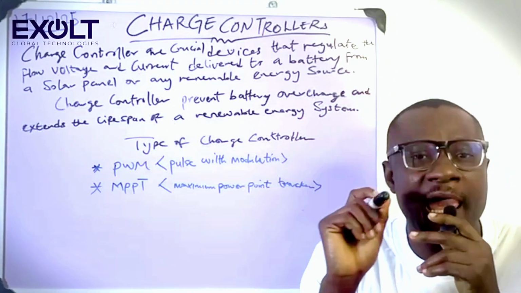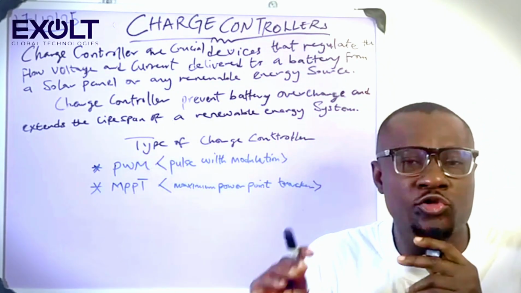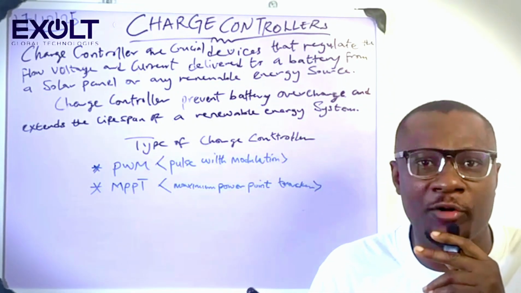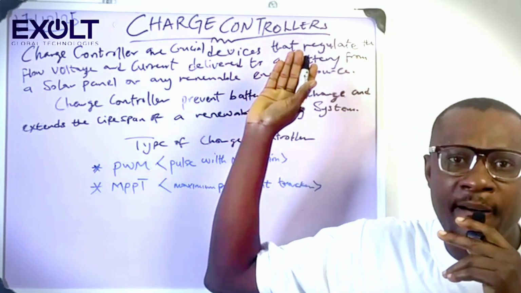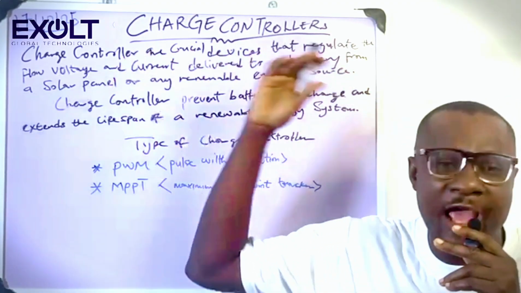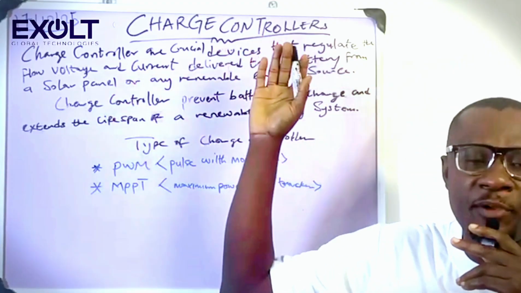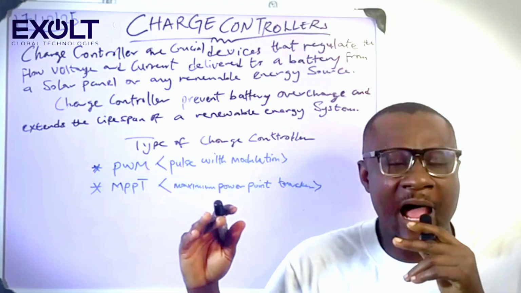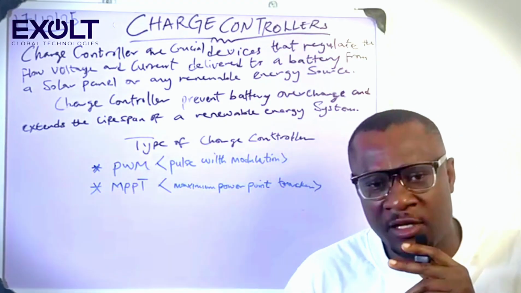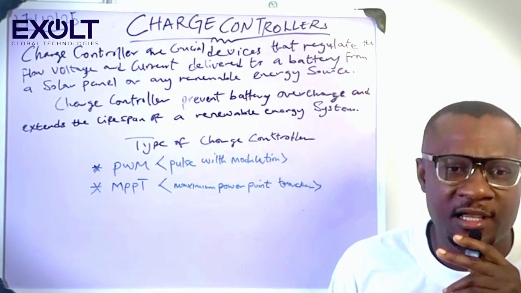Any time you want to have your battery store current, you need to regulate the flow of those currents from the solar panel or any renewable energy source, because the energy that is coming from those renewable energy sources varies as temperature changes over time. So the voltage increases and decreases over time.